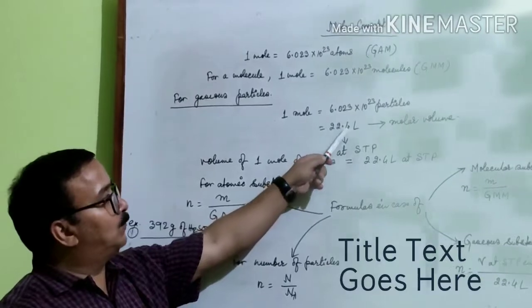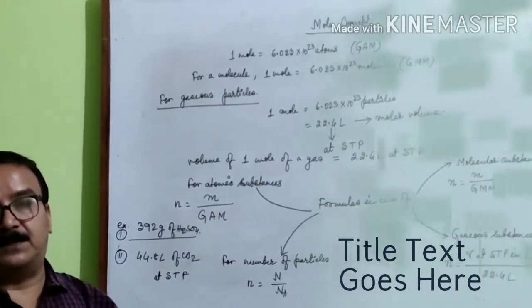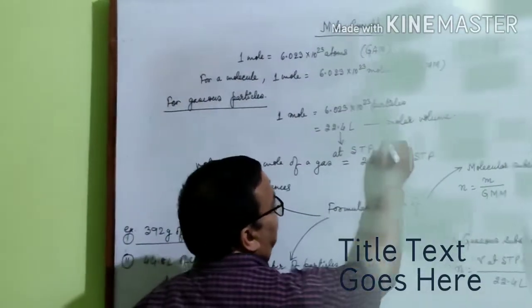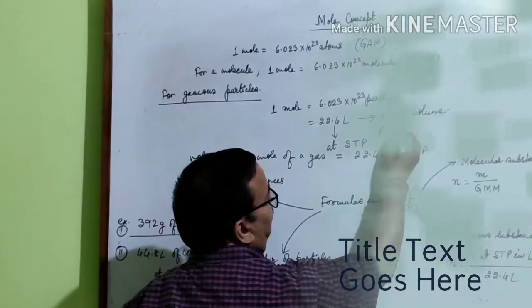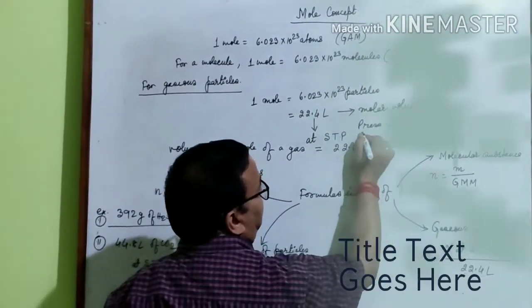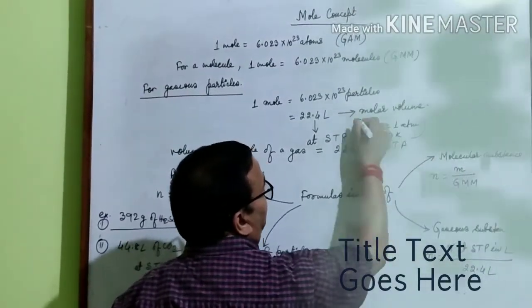Here 22.4 liter is at STP. What is STP? Standard temperature and pressure. Here the pressure is 1 atm, and temperature is 273 Kelvin.